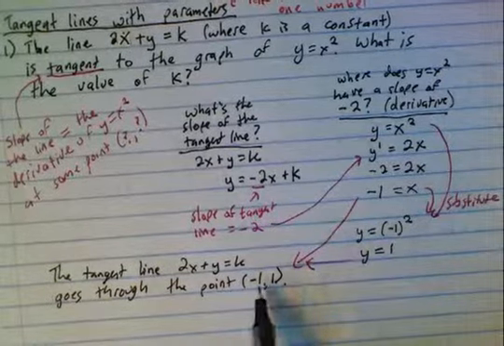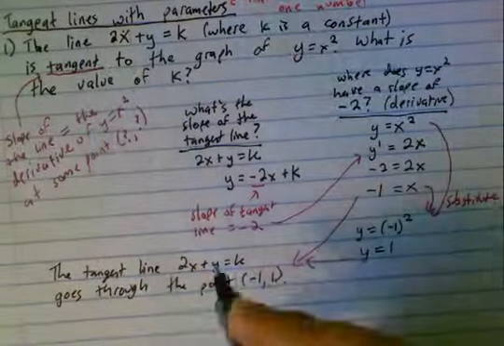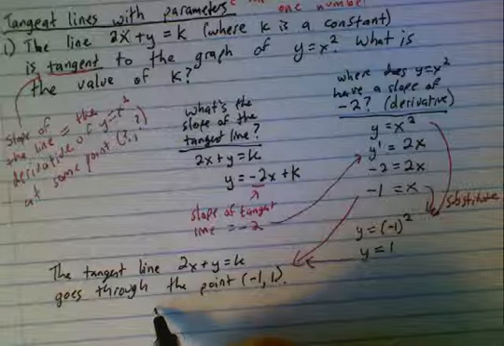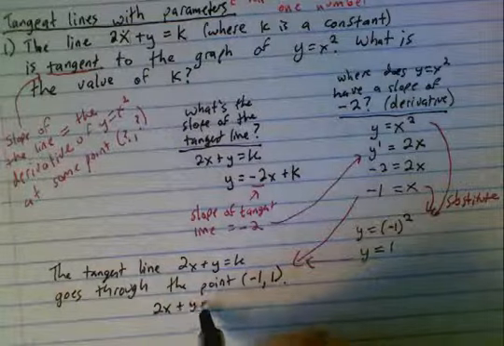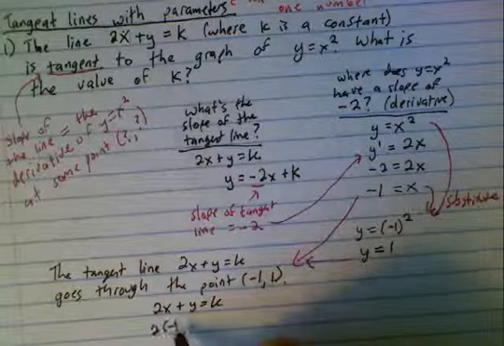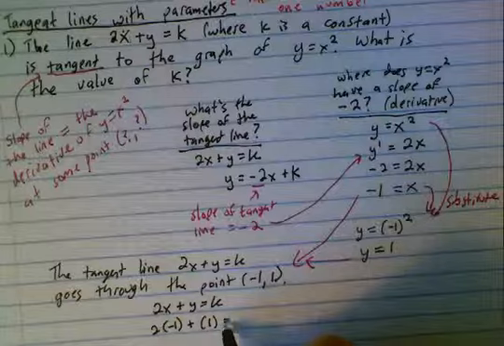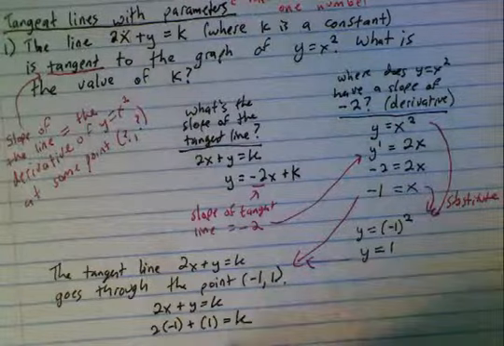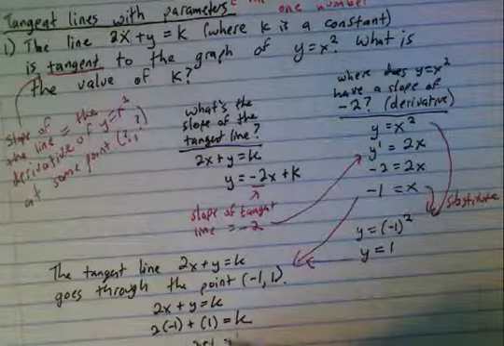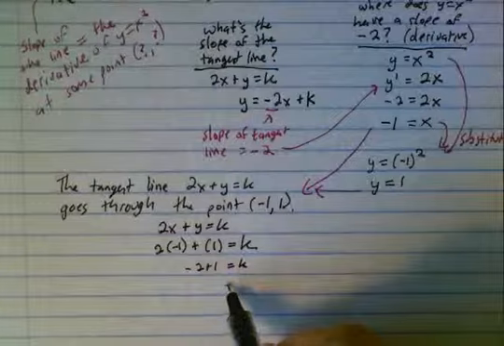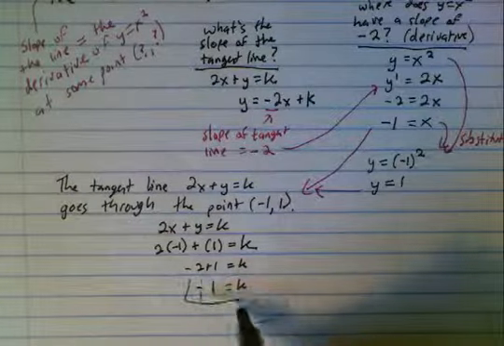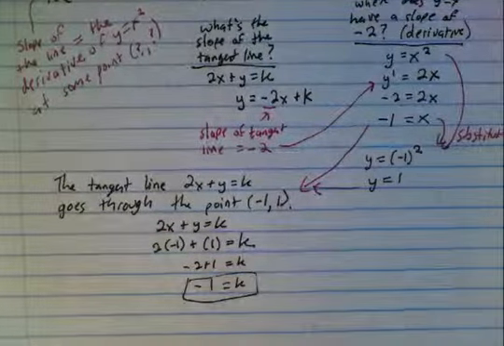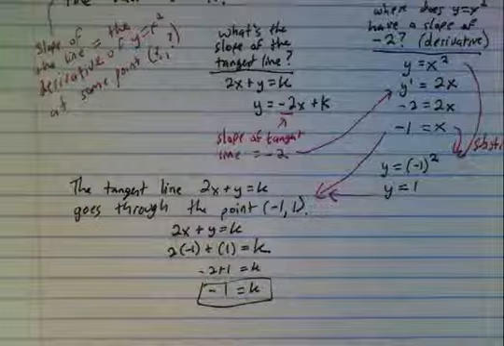So we can substitute for x and y and solve for k. And there we go. K equals negative 1.